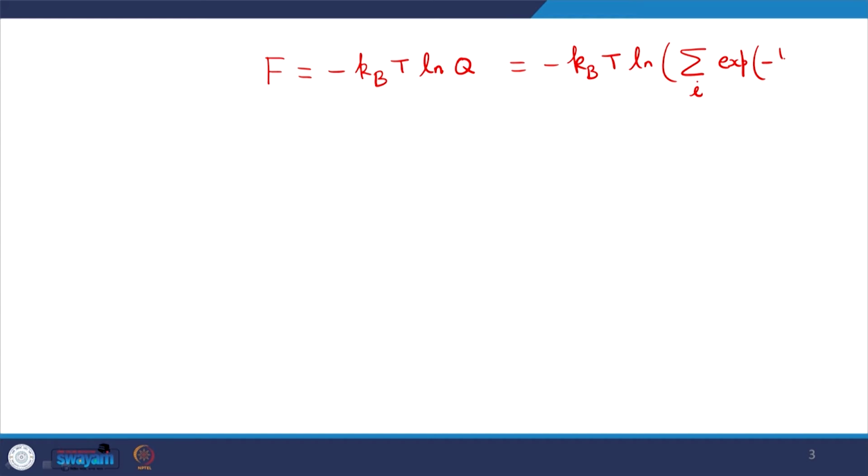We can define the Helmholtz free energy as minus kBT ln of Q, or minus kBT ln of the summation over I of exponential of minus EI by kBT. We can evaluate that by enumerating over all the possible configurations, and once we have that, we can find the Helmholtz free energy density as the ratio of the Helmholtz free energy with the volume, or Helmholtz free energy per unit volume, right.